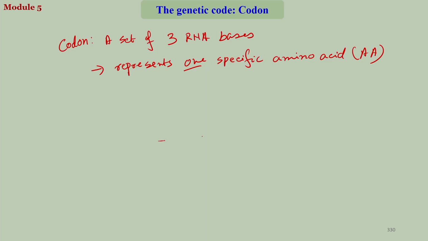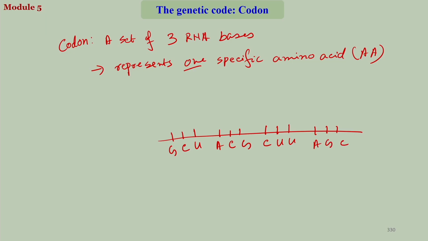For example, if you draw a sequence, maybe G, C, U, and of course I am writing an mRNA sequence here, A, C, G, any arbitrary sequence actually, C, U, U, A, G, C. If this is your mRNA or any RNA, they will represent codons.